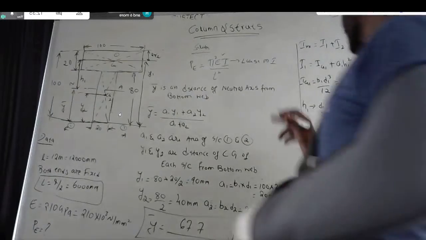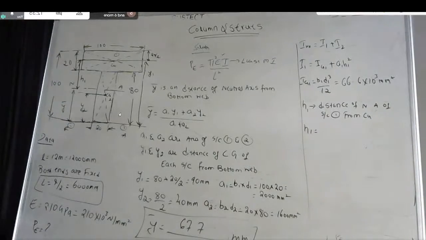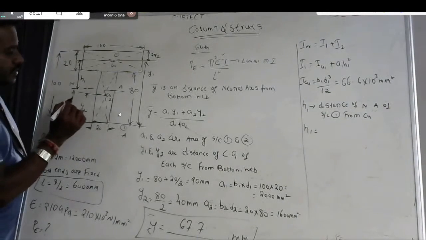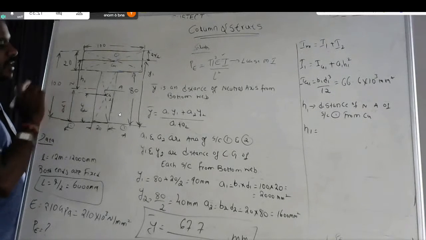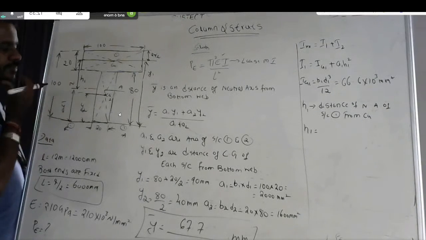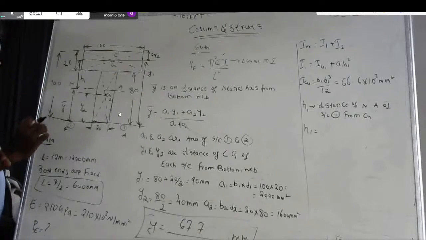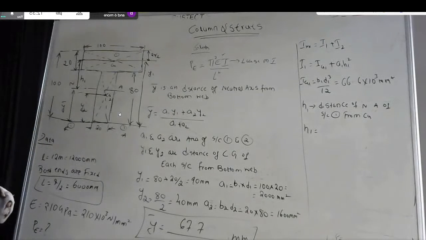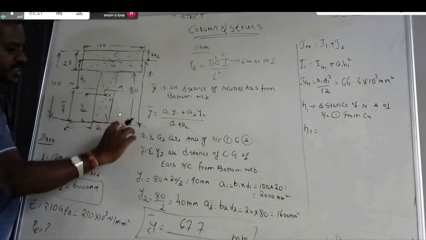Now I know A1 already. H1 you have to calculate. Now observe the figure properly. The distance from the CG to the neutral axis is H1.